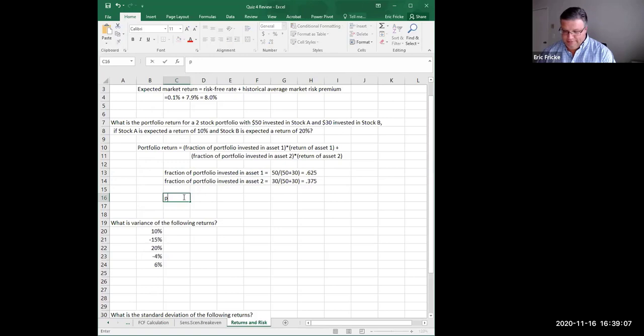So that means the portfolio return is going to be equal to 0.625 times the return of stock 1, which we said is 0.1, plus 0.375 times the return of stock 2, and that's 20%.